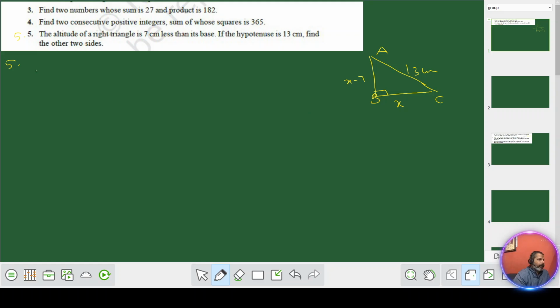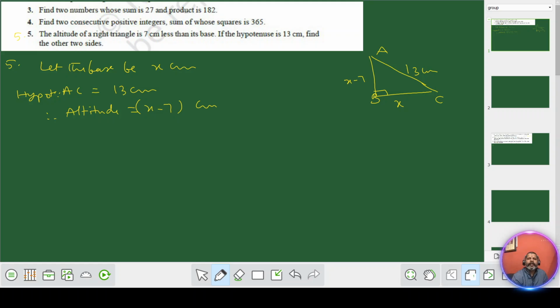We write here. Let the base be x centimeter. Given is AC is 13 centimeter hypotenuse, and therefore altitude x minus 7 centimeter.